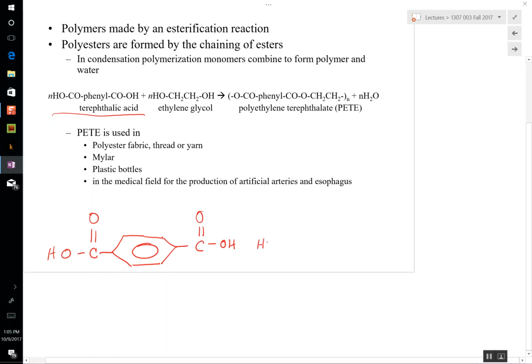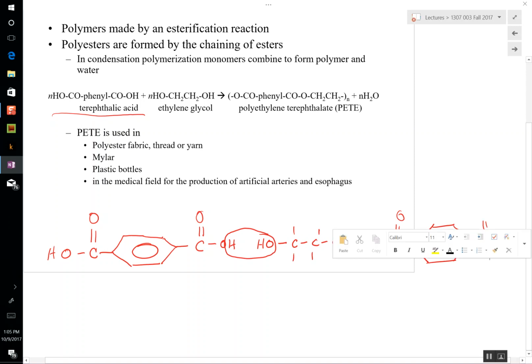Now we're going to react this with a molecule that has an OH on both ends of it. So the very first reaction occurs to form an ester there. And then on the other side of it, you get another terephthalic acid, and the other side of this molecule reacts with it.